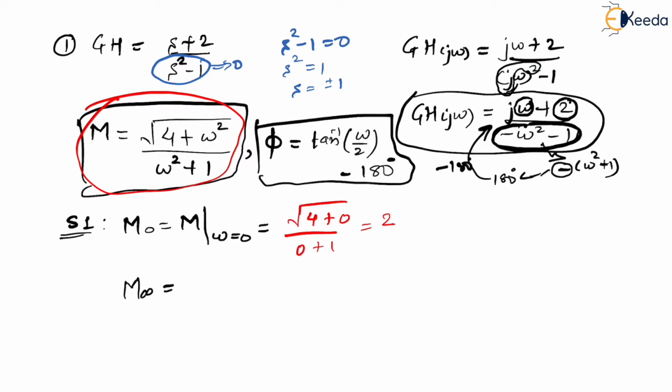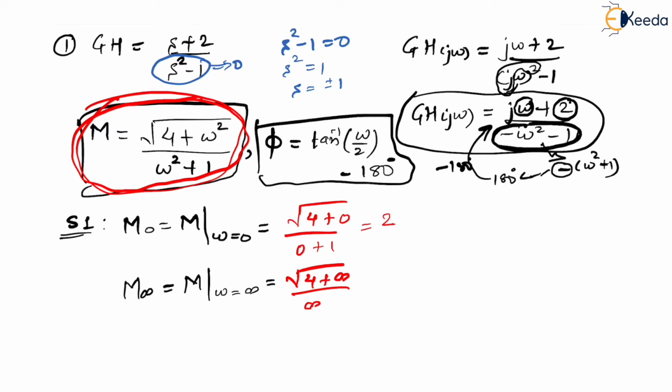Now if I am interested in finding M infinity, how to find M infinity? As usual, M infinity is nothing but magnitude at omega equal to infinity. If you put infinity in this equation, you get the square root of 4 plus infinity divided by infinity plus 1. Infinity by infinity is an indeterminate form.